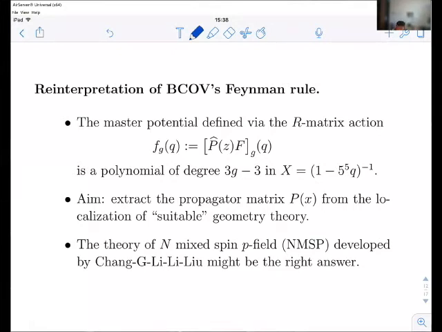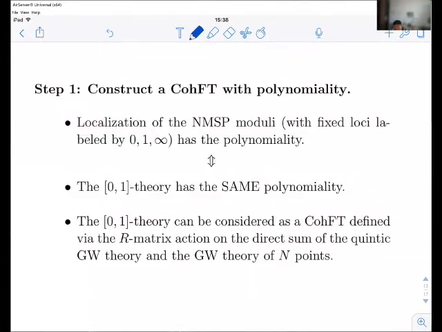And then we found that the theory of n mixed spin P field, developed by Chang, myself and Li Liu, might be a right answer. In the following, I will give a very brief explanation of our proof of the BCOV's Feynman rule.